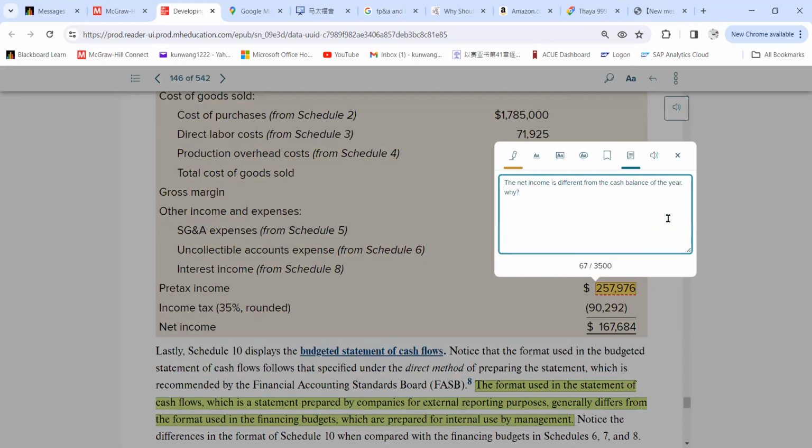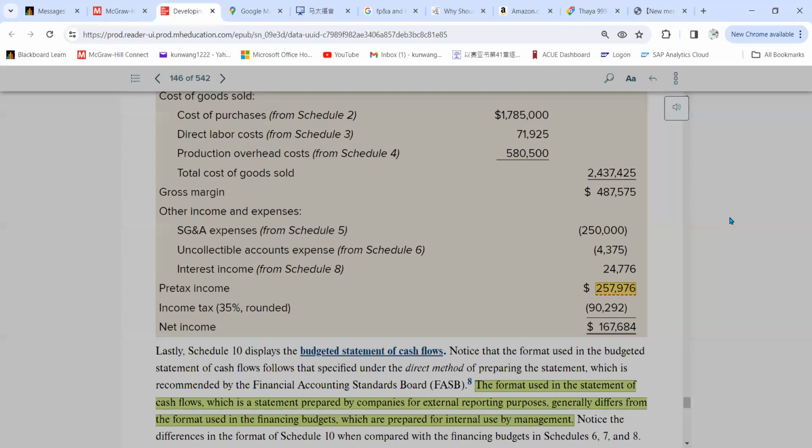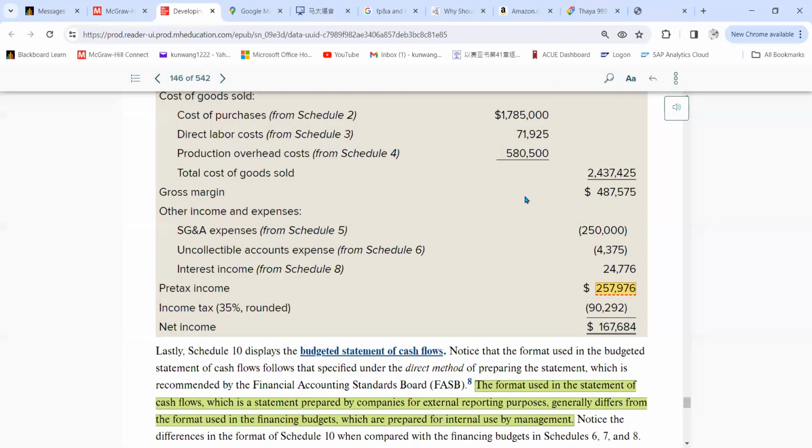I give you a question to think about. Overall, after one year closed, why is the net income less than the cash balance by about 30,000? What is the major reason that brings the difference? I will keep it an open question to think about, and I can talk about it next time.